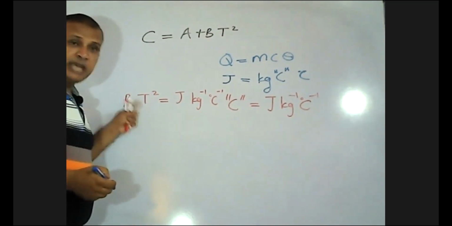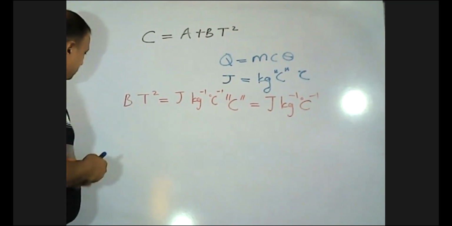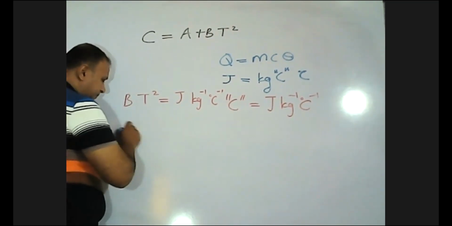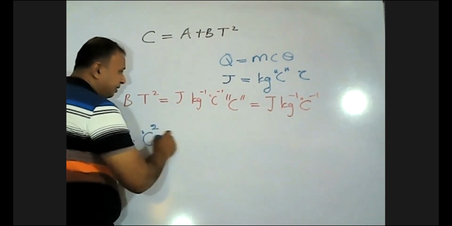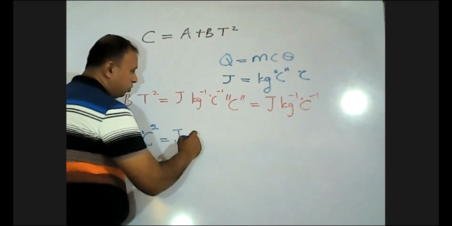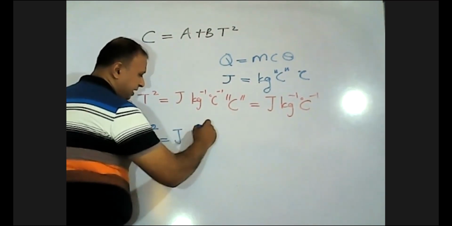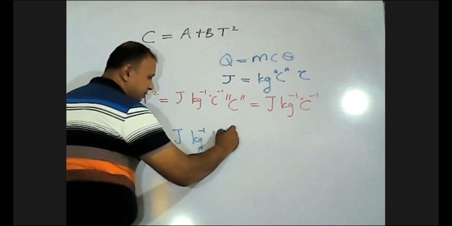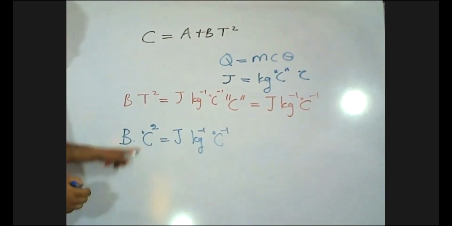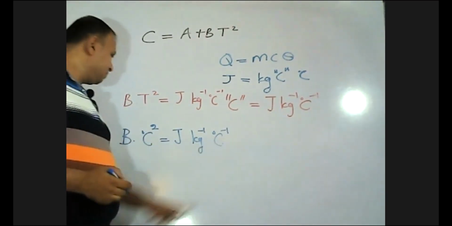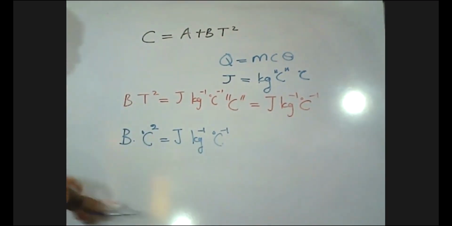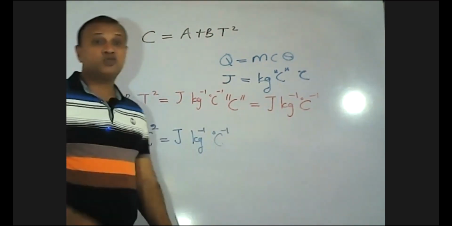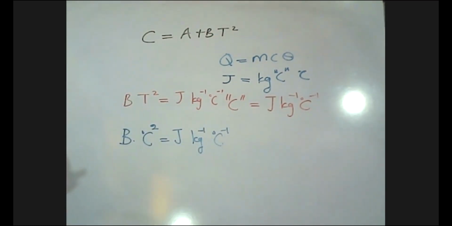If I substitute the unit of T, I will have Celsius squared equal joule kg minus 1 Celsius minus 1. Now you have to bring Celsius squared to here. Then it will be minus 2. Minus 2 and minus 1 is equal minus 3. Then my answer would be answer number 2.